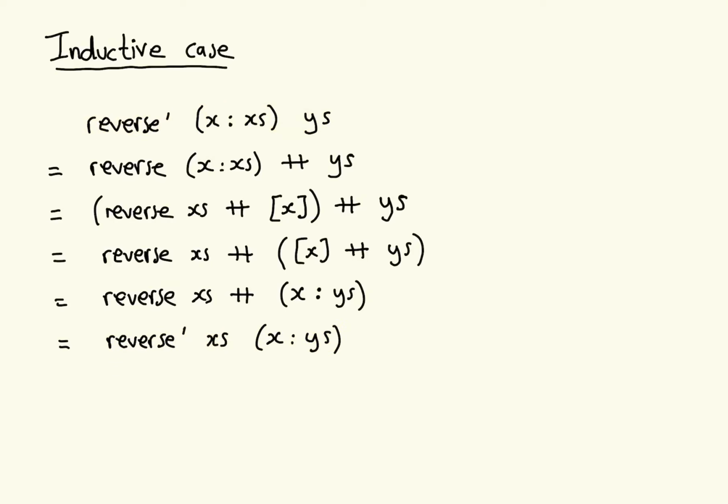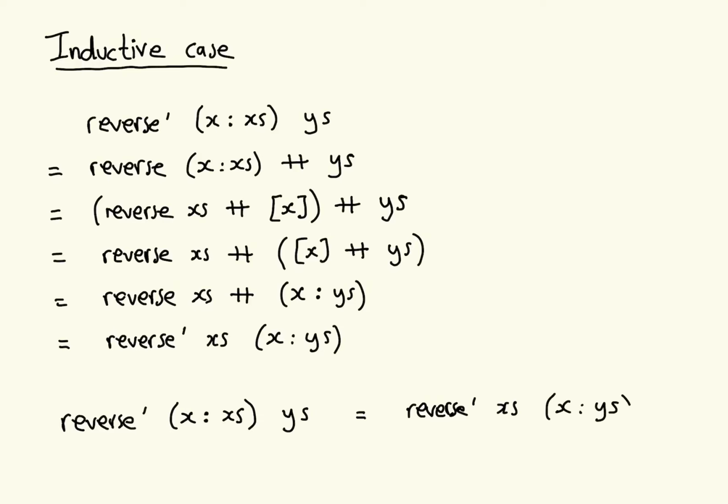So if I copy this down, what I have calculated is that reverse prime of a non-empty list, x colon x's, and then some other list y's, is simply reverse prime x's, and then x colon y's.